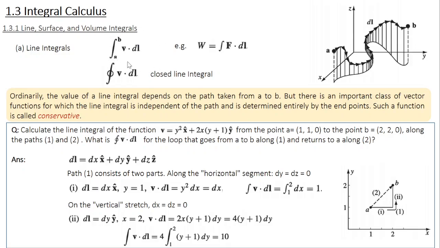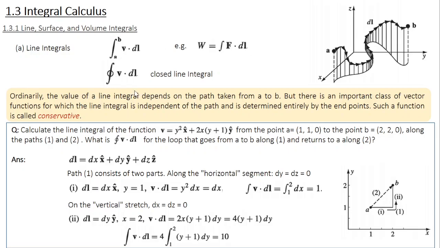Now you will encounter these kinds of line integrals very often in physics. For example, in classical physics, the line integral of force is nothing but work done. Similarly, in electromagnetism, the line integral of the electric field, integral E dot dl, is the electromotive force or EMF.